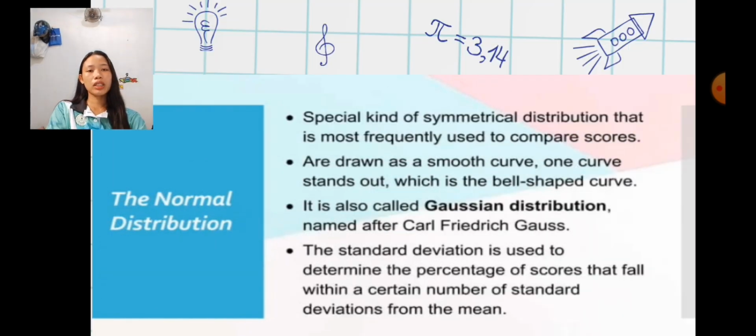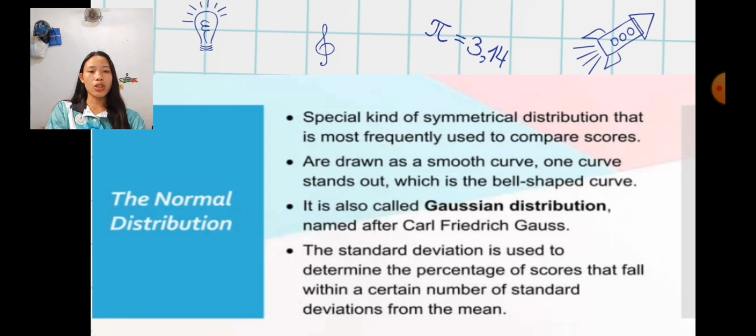The normal distribution is a special kind of symmetrical distribution that is most frequently used to compare scores, and is drawn as a smooth curve. One curve stands out, which is the bell-shaped curve. It is also called the Gaussian distribution, named after Carl Friedrich Gauss.